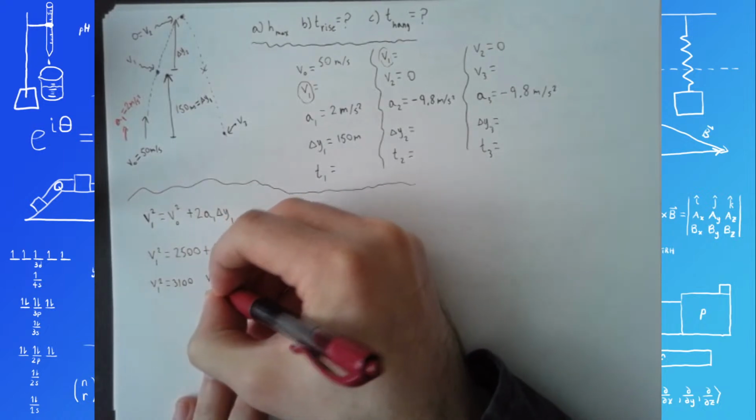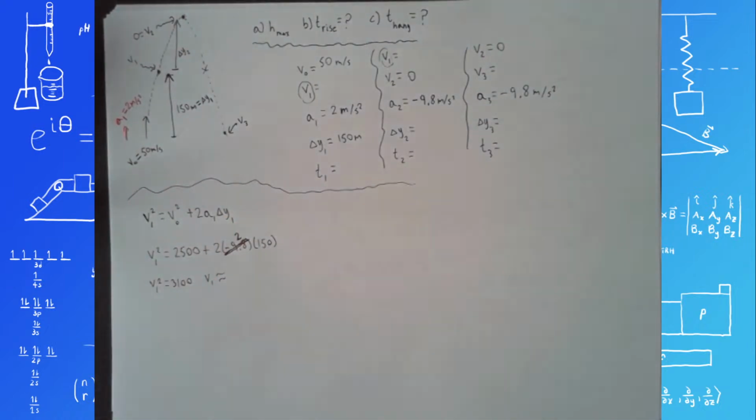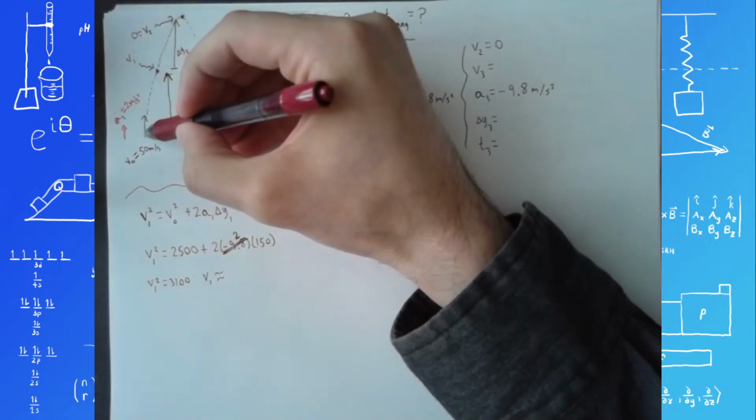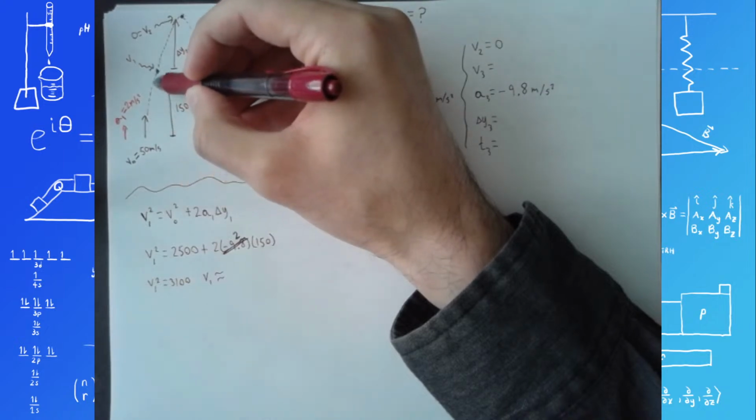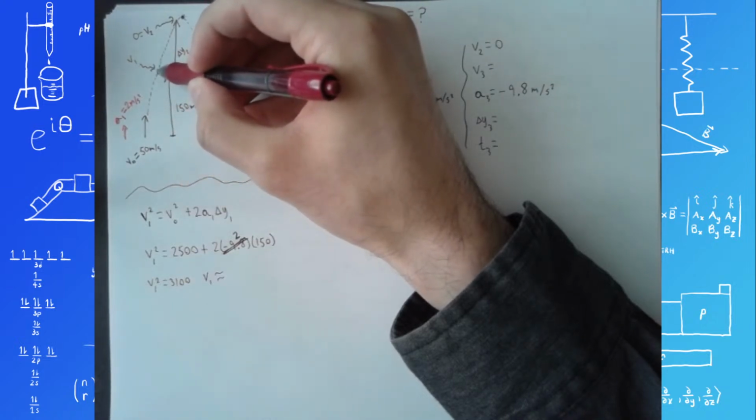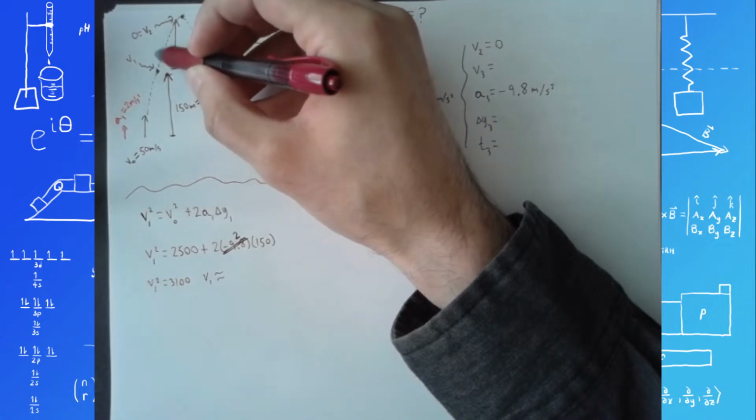which means v1 is approximately, if I take the square root of that, positive or negative square root. Well, the rocket gets launched upward and continues to accelerate upward, and this is the point where the engine gets cut off. So by this point, it has developed a lot of upward velocity. It should be headed up.